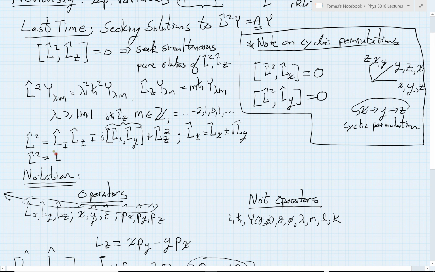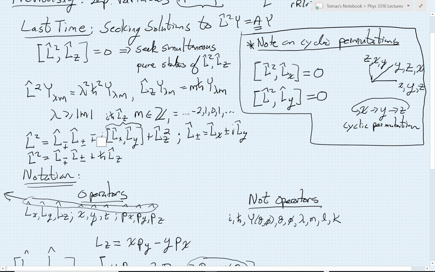It's going to be L hat minus or plus times L hat plus or minus. Now notice, for the upper choice of sign, I have minus i times i, which is plus 1, so I'll have just a plus, then it's h bar L hat z. If I had the lower sign, of course, it will be opposite.